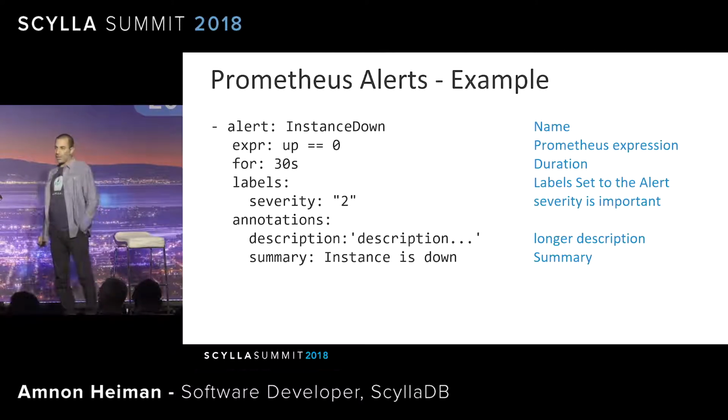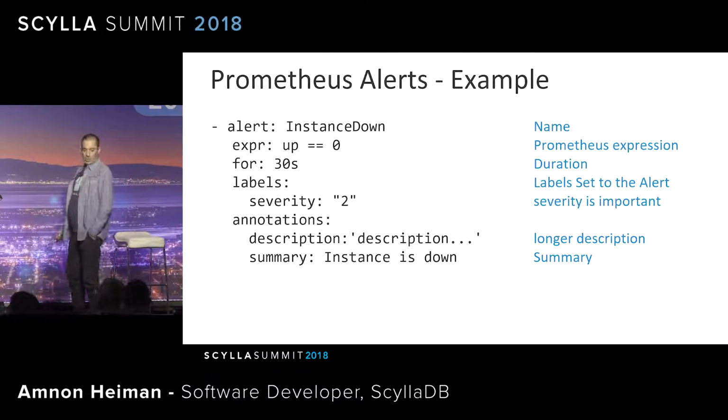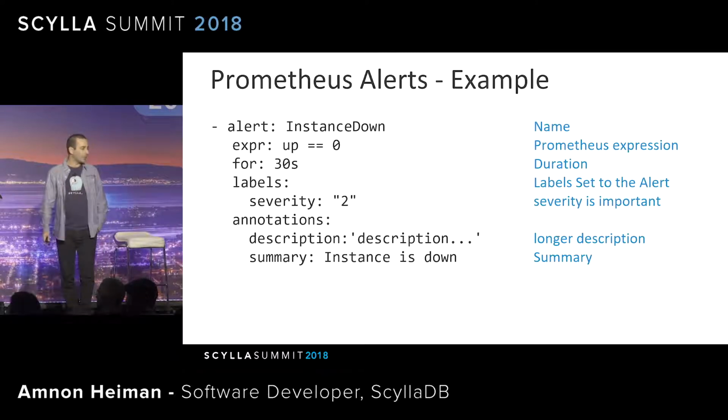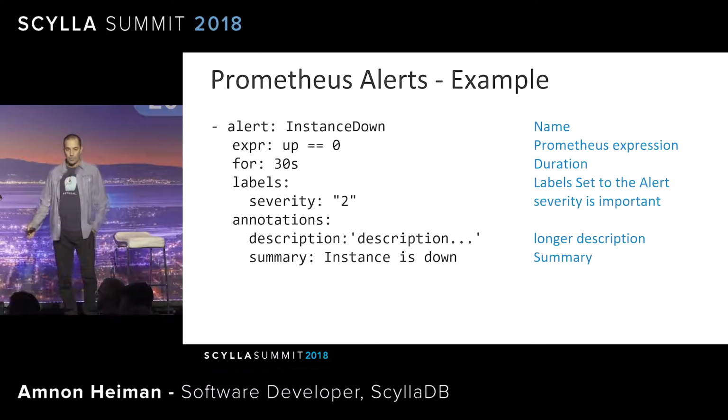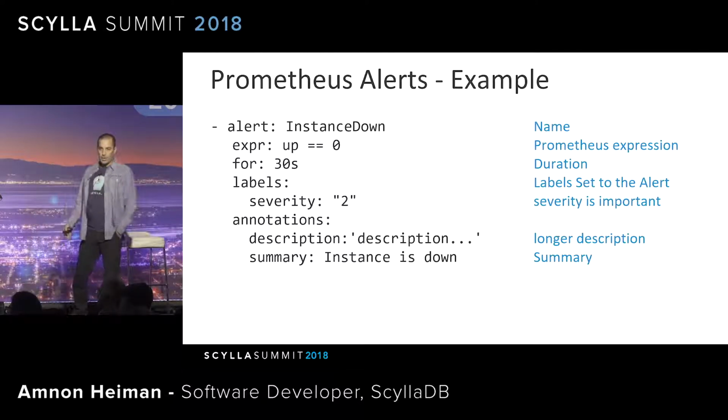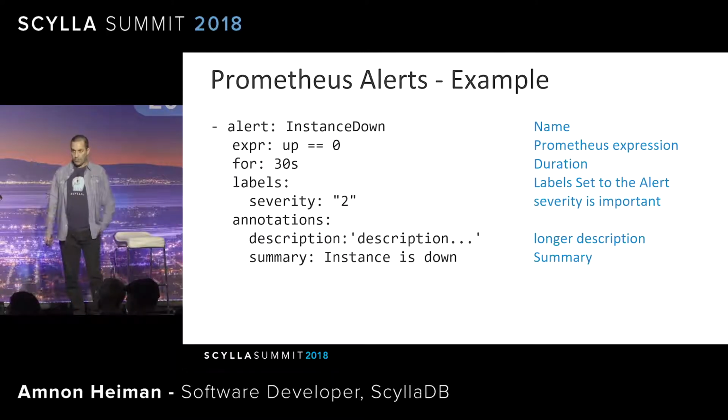If you look at the second line, you see that there's a logical condition. And what it means is that we didn't get any notification from that node. The third line means that we didn't get any data from that node for 30 seconds. The rest of the configuration gives us additional data about what happened, like labels and annotation and so forth.